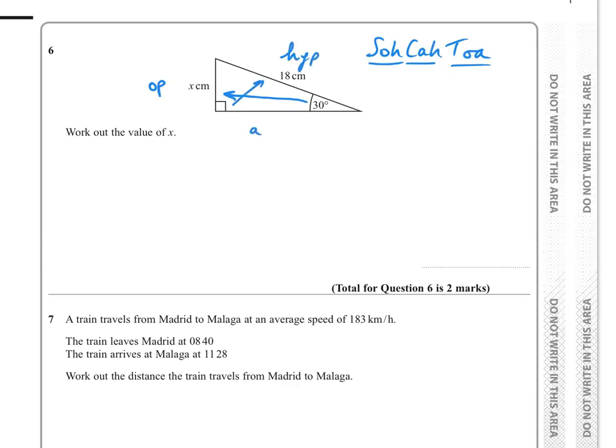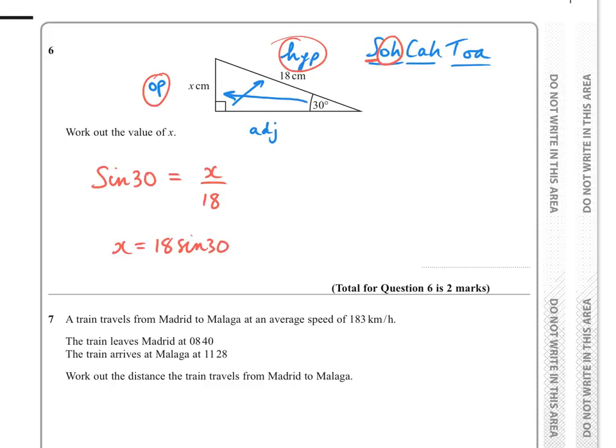So this would be the adjacent. And what I would do here is, I would say, well, I've got my opposite and my hypotenuse involved, so this would be to do with sine. So that would mean that the sine of 30 equals opposite over hypotenuse. So that means x would be equal to 18 sine 30.